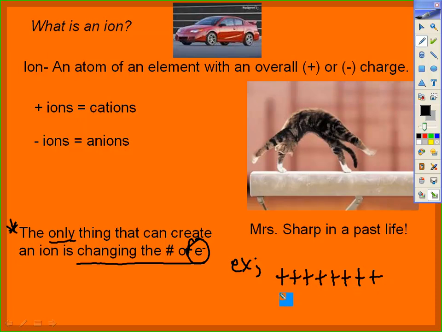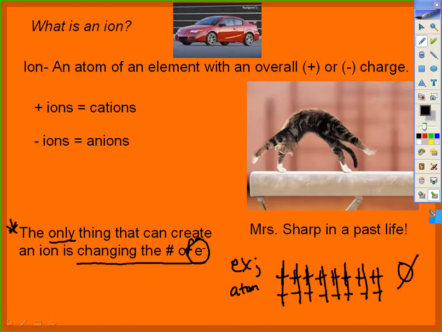And it has 8 electrons, which would be in the electron cloud, but I'm just going to show them as being underneath to represent them being 1 for 1. So in an atom, these would all cancel. And my overall charge would be 0.